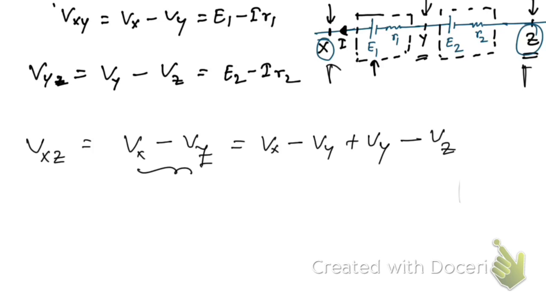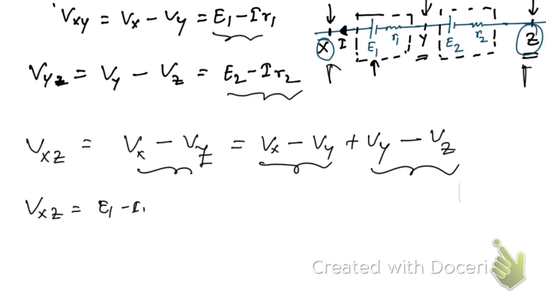If you cancel these two, you again get the same result. This is nothing but E1 minus I R1, and this is equal to E2 minus I R2. So we can write that Vxz is equal to E1 minus I R1 plus E2 minus I R2.